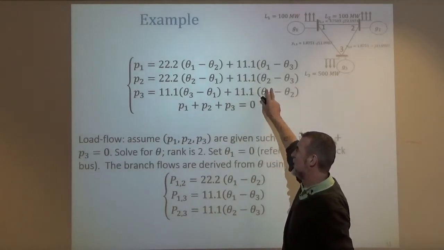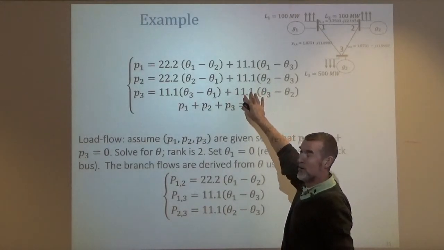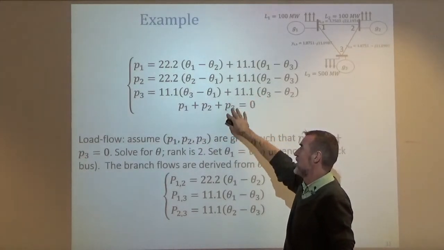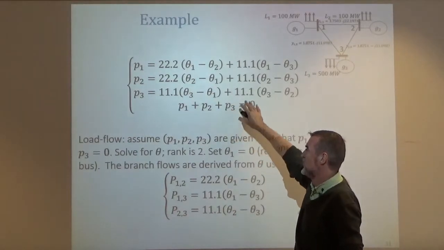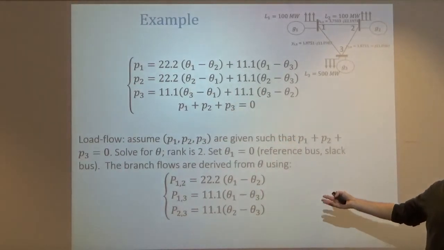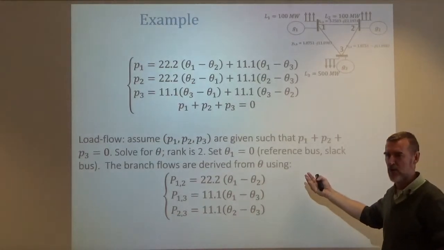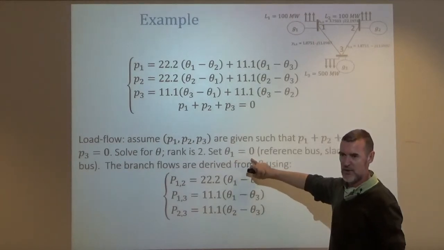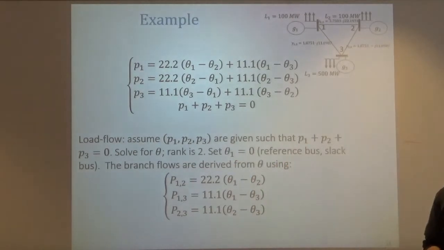Now I have three angles and apparently three equations, but in reality only two, because the sum of the three equations gives 0 equals 0. So I have only two equations for three angles, but in reality I also have only two angles, because the angles are set to 0, for example, at the slack bus. As usual, the phase angles are not defined in absolute terms, but relative to one reference value.